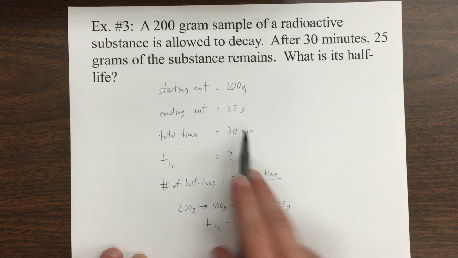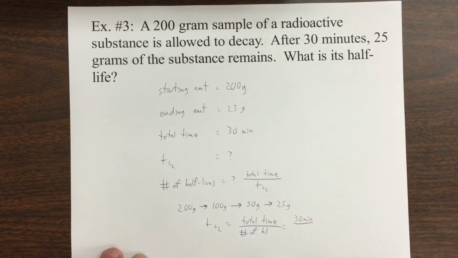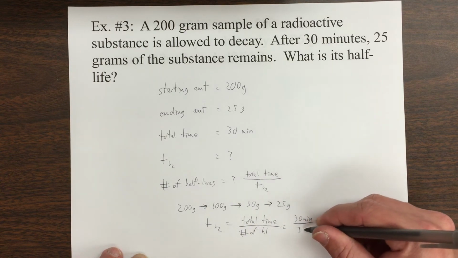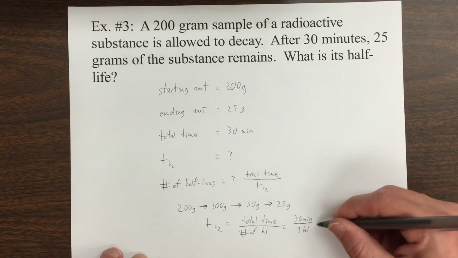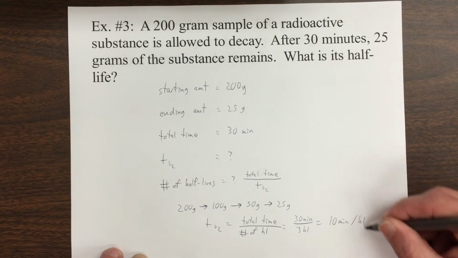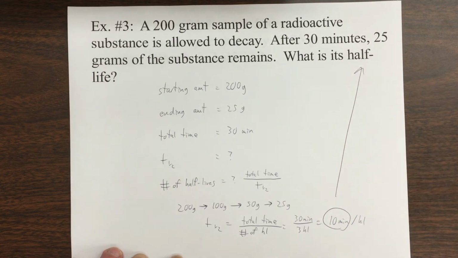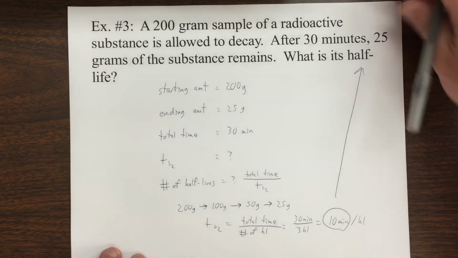So our total time was 30 minutes. We know it underwent 1, 2, 3 half-lives, counting the arrows. So that gives us 10 minutes per half-life. So 10 minutes would be the length of our half-life. Every 10 minutes, half of the sample will be gone.